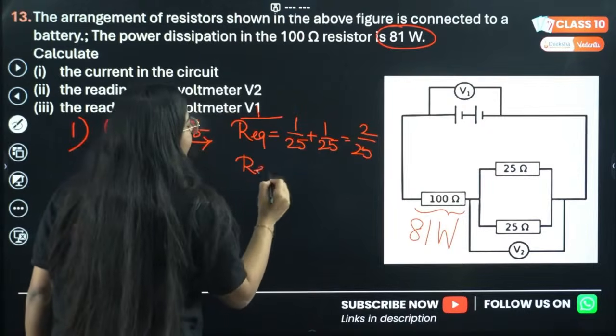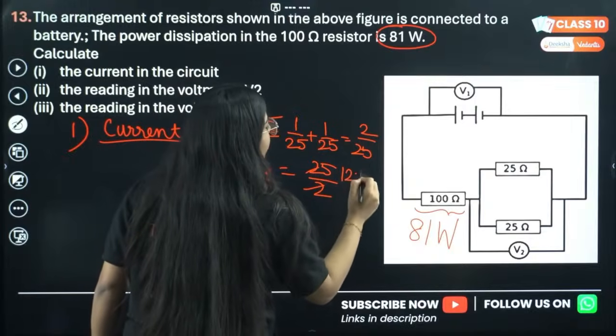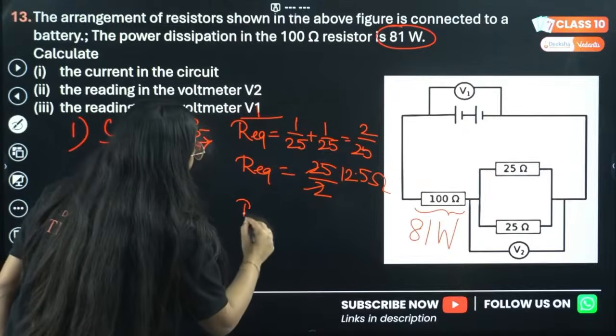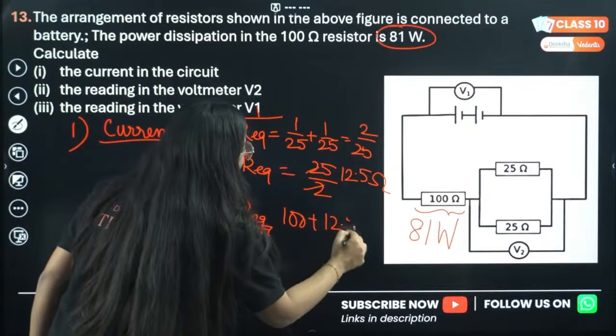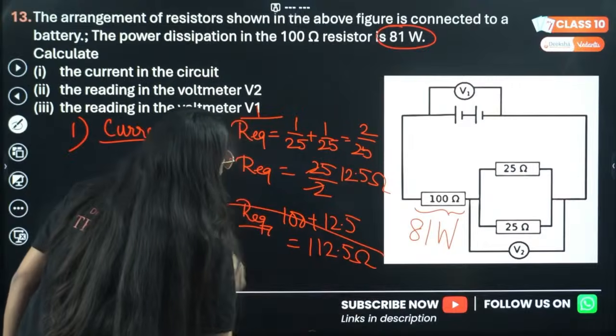So R equivalent is 25 divided by 2, which is 12.5 ohm. Correct? So this is 12.5. If I do total, that will be 100 plus 12.5. So that will be 112.5 ohm in the total circuit.